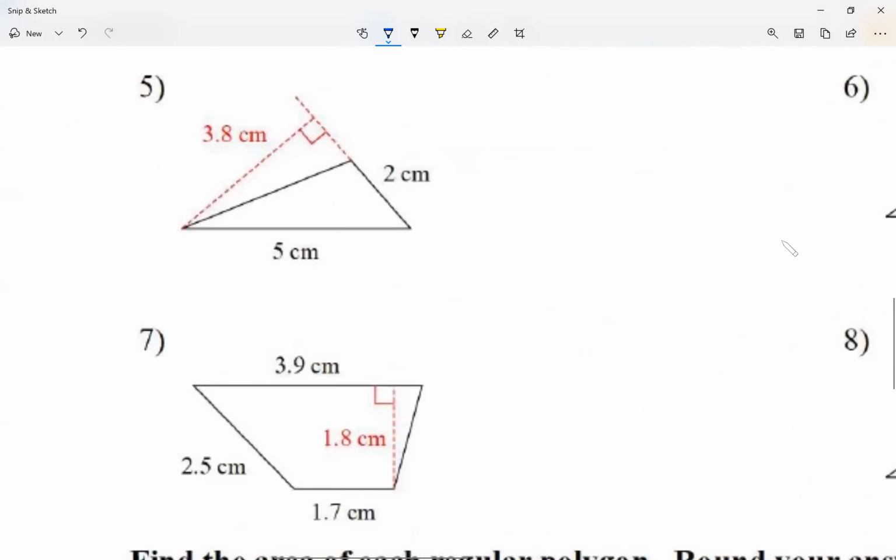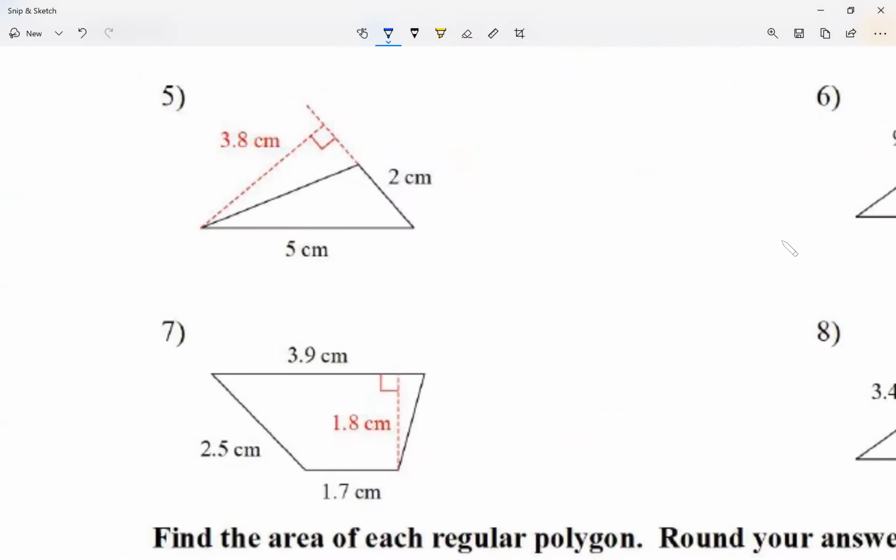So looking at question number 5, I'm looking at my 90-degree corner, which is right there. It is made by the numbers 3.8 and 2. The dotted line is just for you to see that it does extend and make the 90-degree corner. So I will go 3.8 times 2.